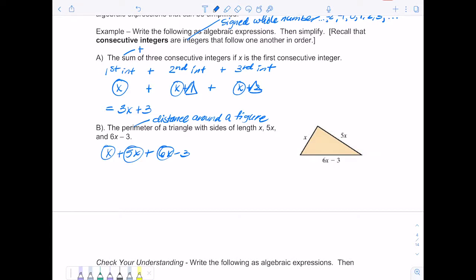If I add them, remember there's a 1 here with the x that we don't see. That's the coefficient. So 1x plus 5x plus 6x is actually 12x. Then I'm going to carry down that -3 because there's nothing else to combine it with. So the perimeter there would just be 12x minus 3.